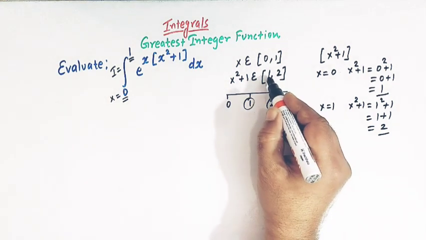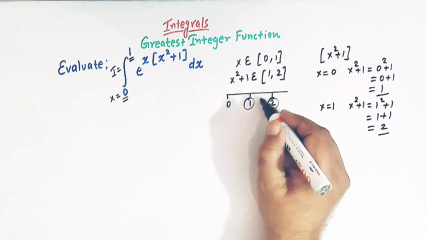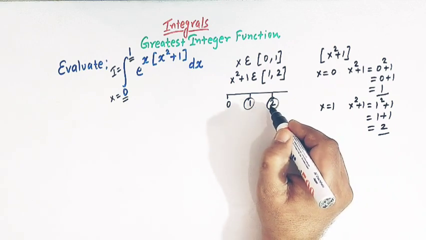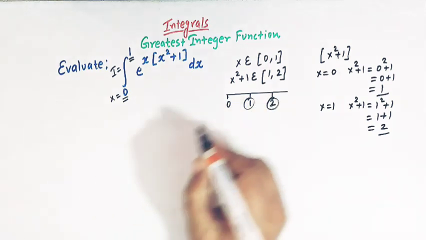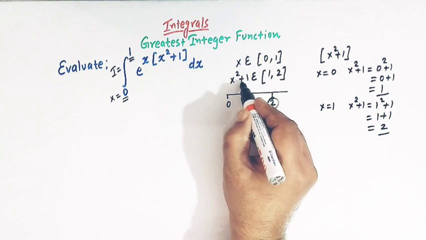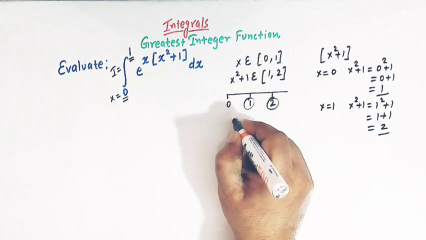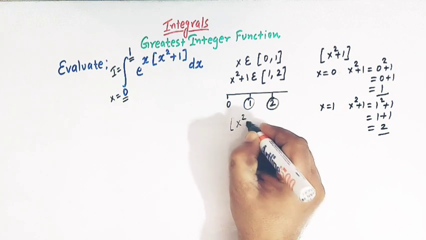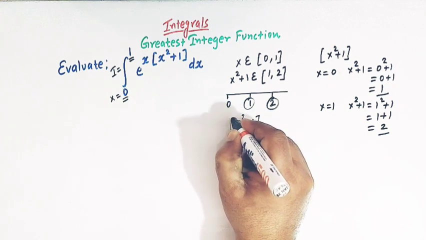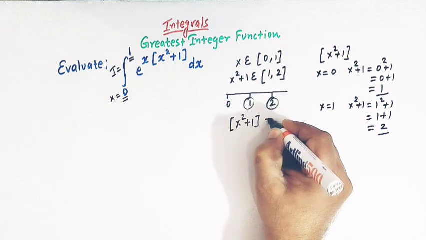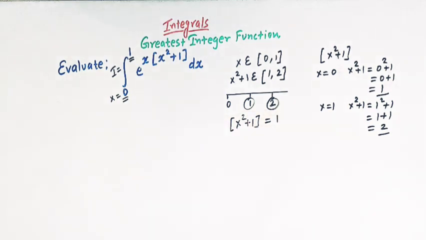Here between 1 and 2 we do not have any integer. So x square plus 1 belongs to 1 comma 2, and the greatest integer of x square plus 1 must be equal to 1 by the definition of greatest integer function.